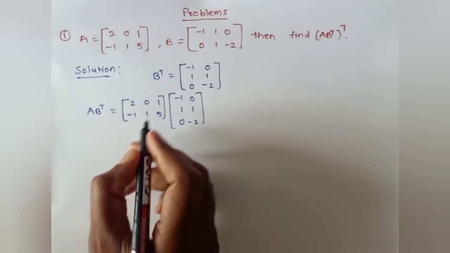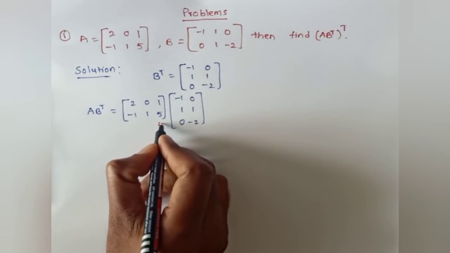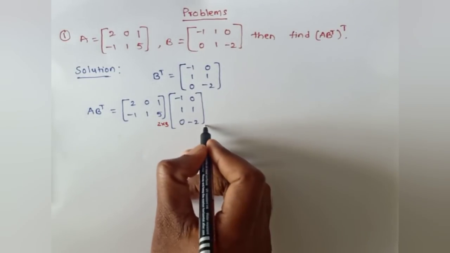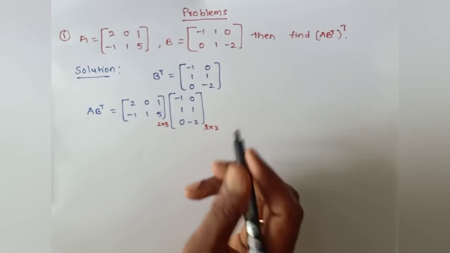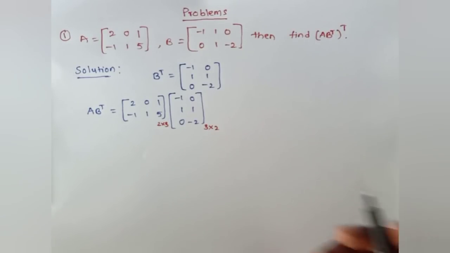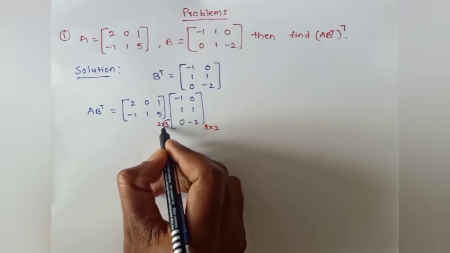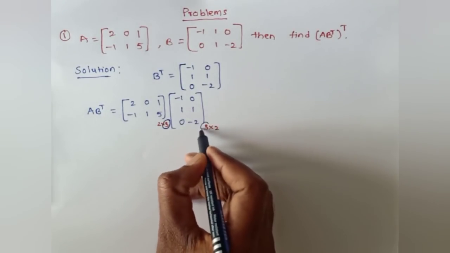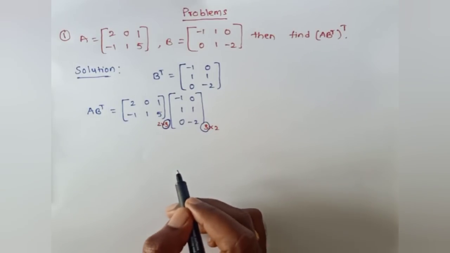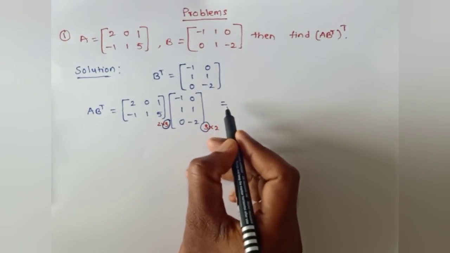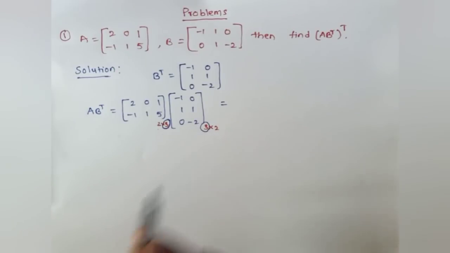A is a matrix of order 2 by 3 and B transpose is a matrix of order 3 by 2. Multiplication exists? Yes, because the number of columns in the first matrix is equal to the number of rows in the second matrix. So therefore the resultant matrix is of order 2 by 2.